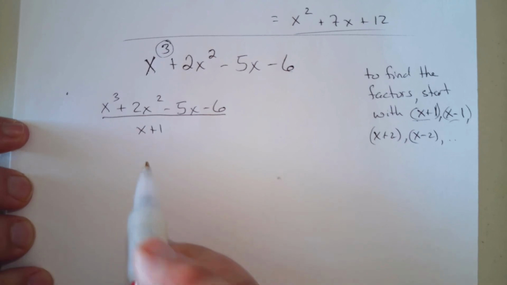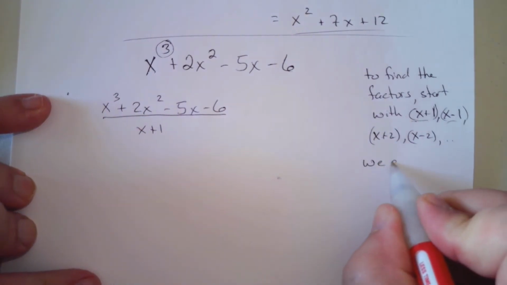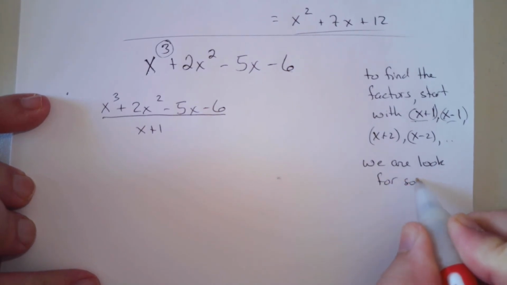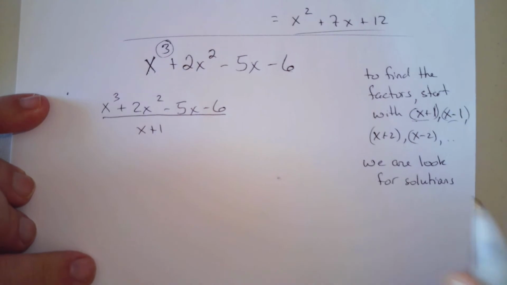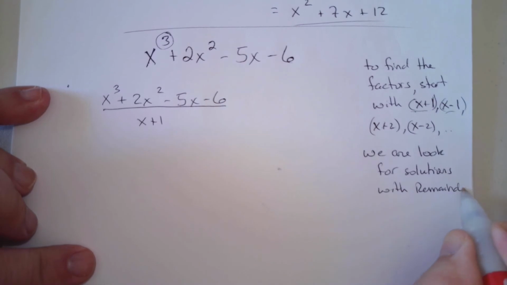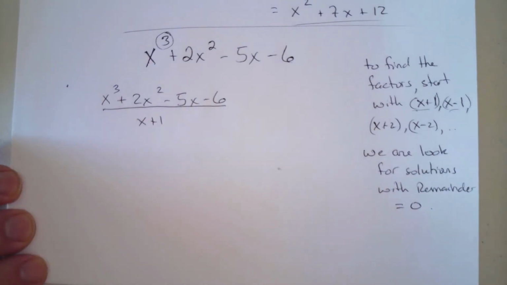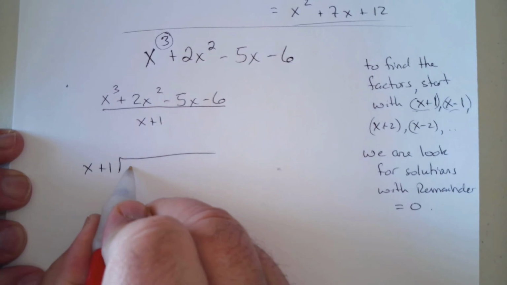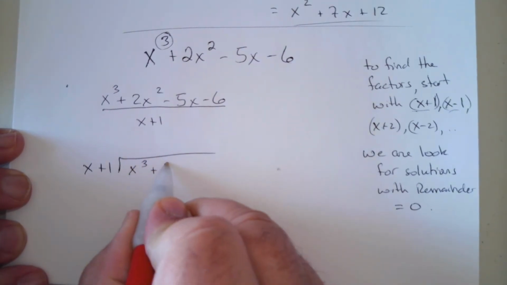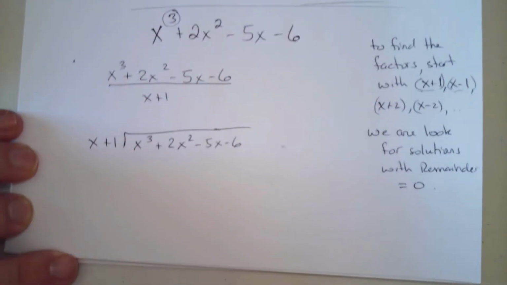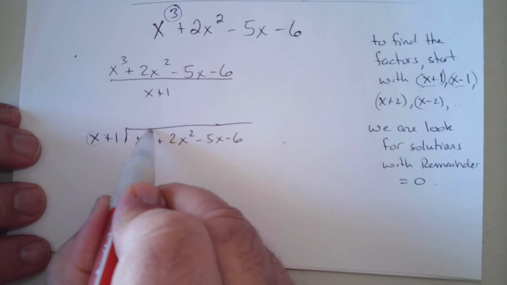If this one doesn't work, we are looking for solutions with remainder of 0. So x plus 1 into x cubed plus 2x squared minus 5x minus 6. Remember, always start looking at the leading terms.